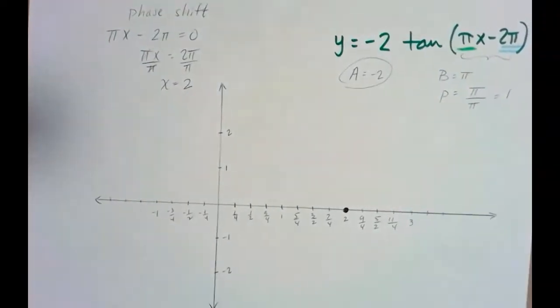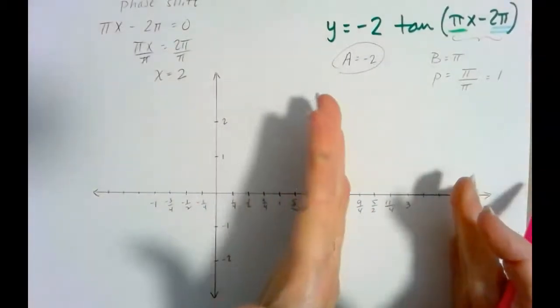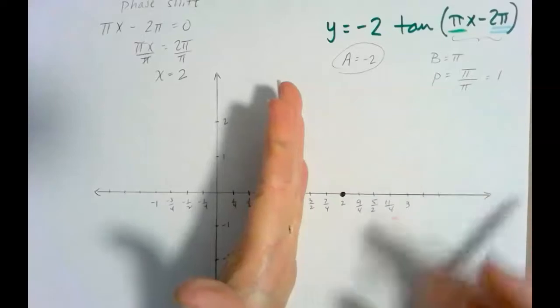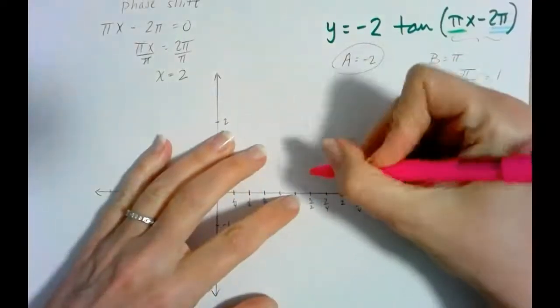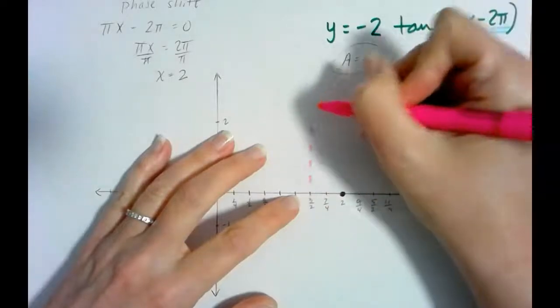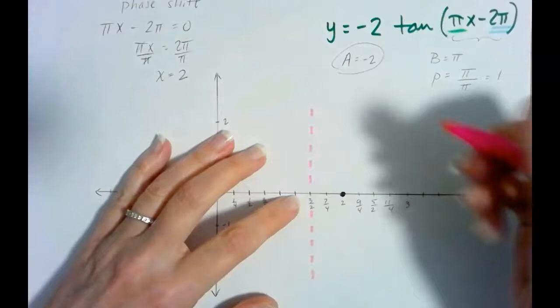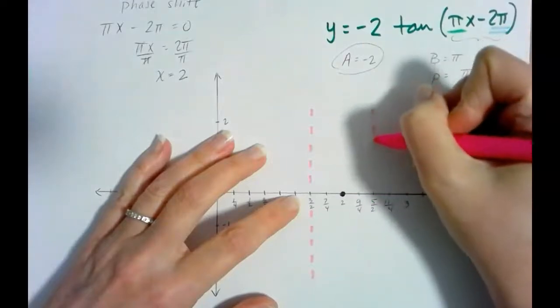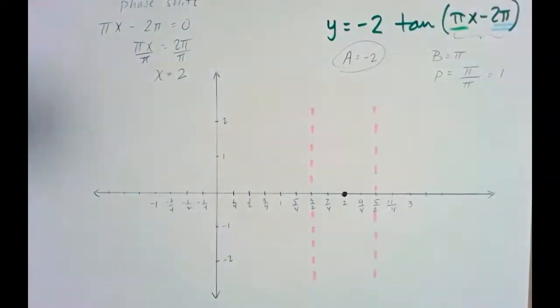If the period length is 1, that's going to be half to the left and half to the right. So that means we are going to have asymptotes 1/2 unit to the left and 1/2 unit to the right based on our phase shift.